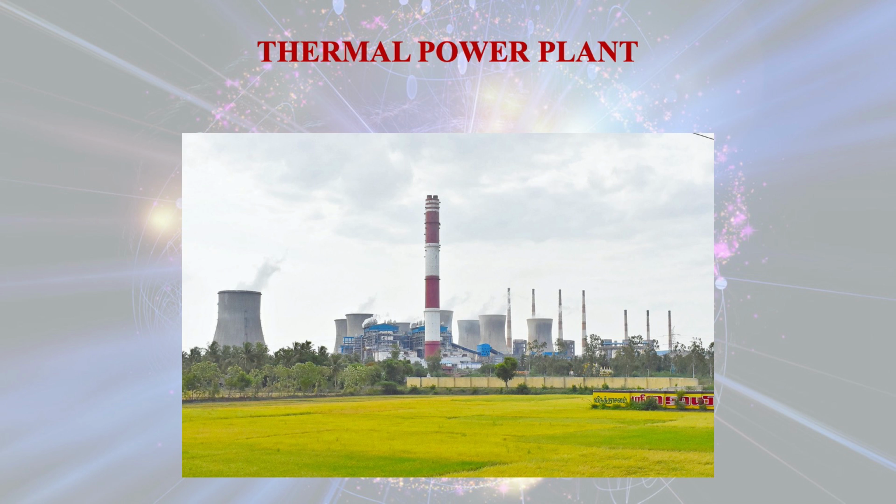That means the kinetic energy due to the rotation of the shaft of the turbine is converted into electrical energy, because electricity is produced by the generator. And the low pressure, low temperature steam enters the condenser. It is condensed into water, and the purpose of the pump is to pump the water into the boiler. It is a cyclic process.